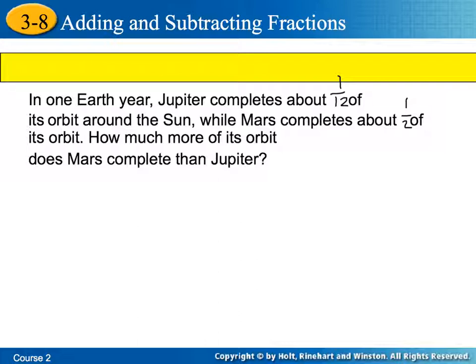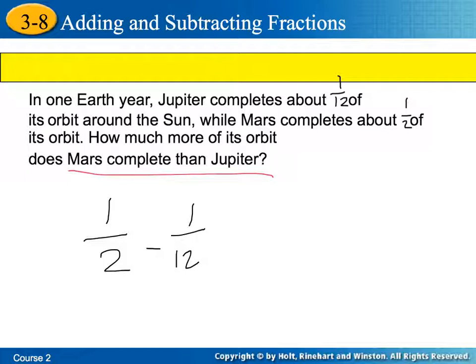Well, when we want to figure out how much more of its orbit Mars completes than Jupiter, I am going to take 1/2 and subtract 1/12. So 1/2 minus 1/12.